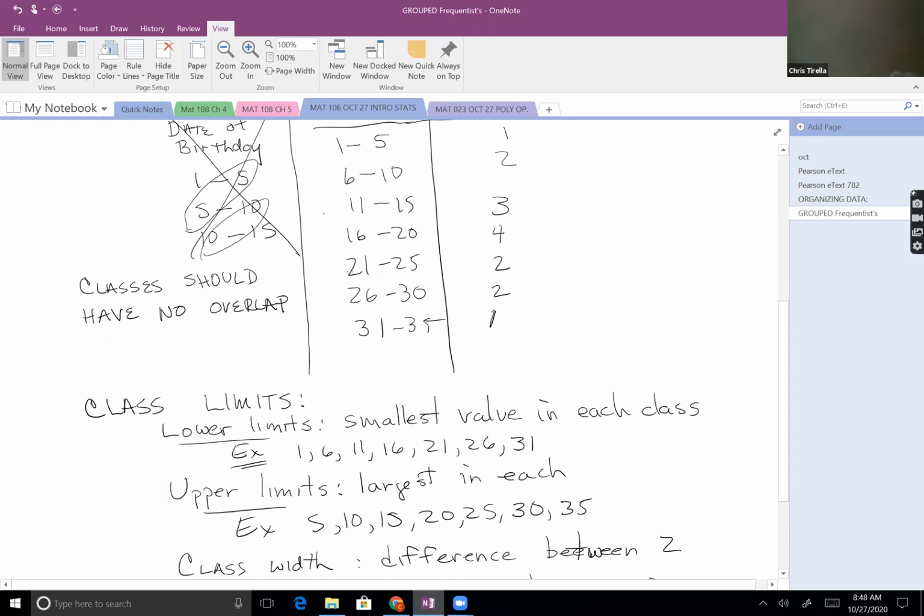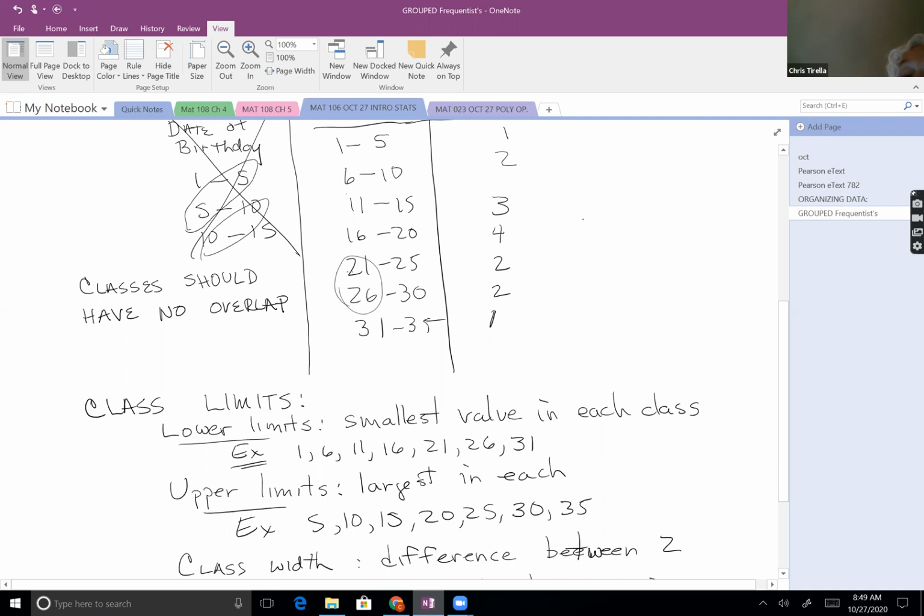How many potential values are in each class? To get that, I'm not going to take 1 minus 5. Instead, I'm going to look at two limits in order, 6 minus 1. I could have gone 26 minus 21. I'm just taking two classes in order. I can subtract lower minus lower, or upper minus upper.